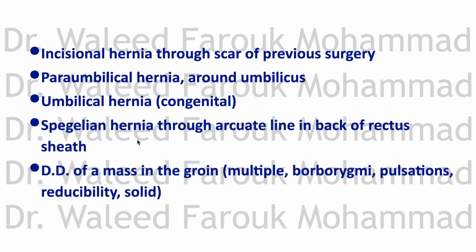Reducibility is a character of hernia. If it's pulsating, think of an aneurysm, of which artery, of course, the femoral artery nearby the inguinal region, and if it's solid, think of lipomas, for example, superficial structures. Anyway, by using your anatomy, it assists you in identifying the type of lesion or mass in the groin.